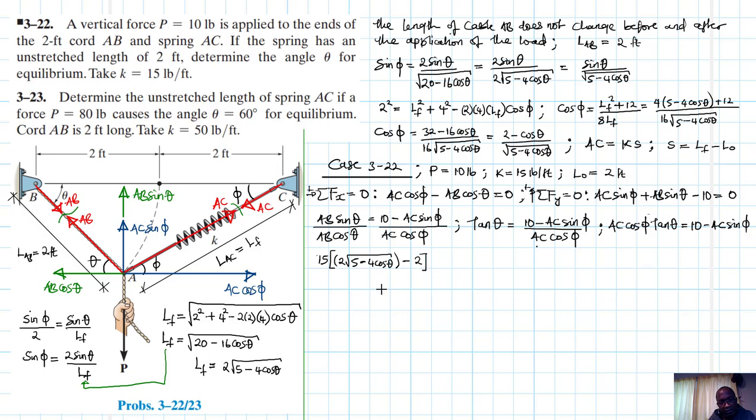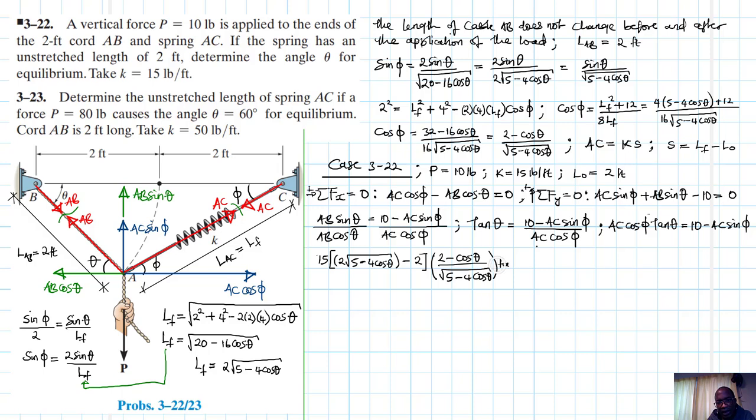This is AC. Then cos phi is here: it's 2 minus cos theta divided by root of 5 minus 4 cos theta.